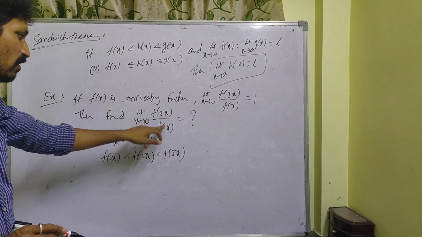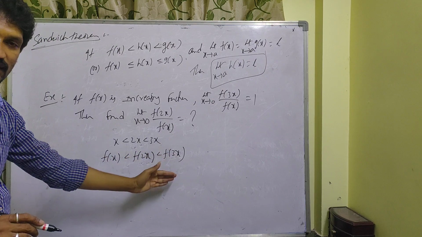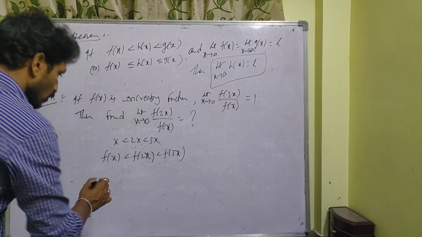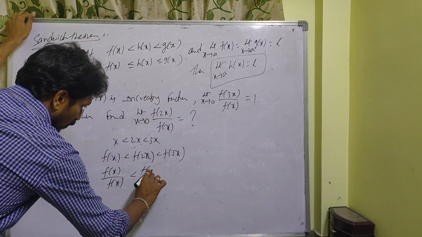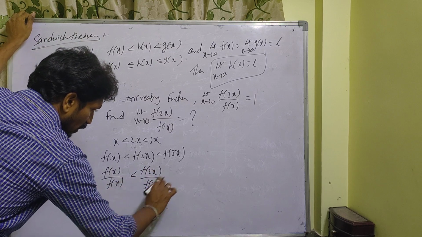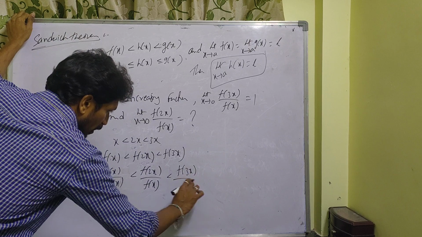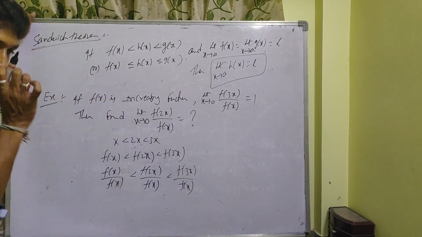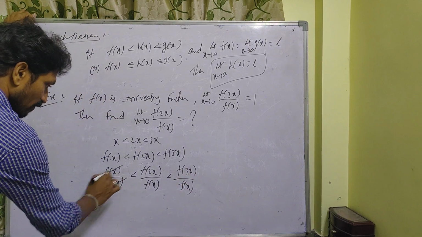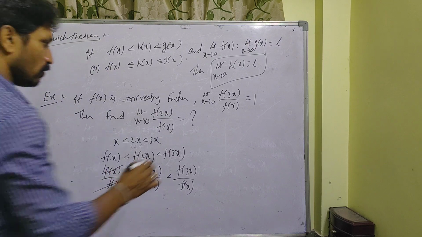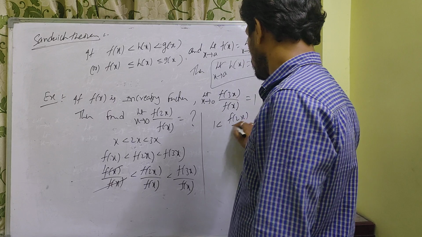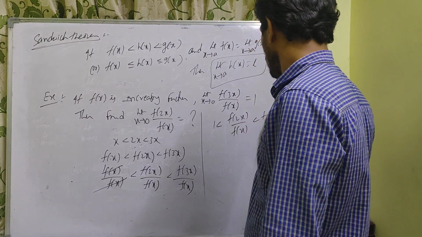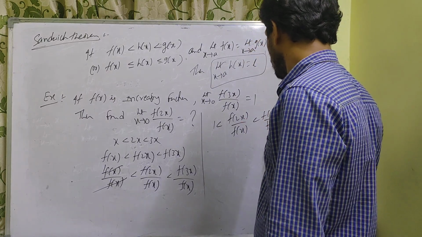What is he asking? F of 2x by f of x. The entire inequality is divided by f of x. What do you have? F of x by f of x less than f of 2x by f of x less than f of 3x by f of x. See here, this f of x gets cancelled. This is 1. So now what can you say? 1 less than f of 2x by f of x less than f of 3x by f of x.